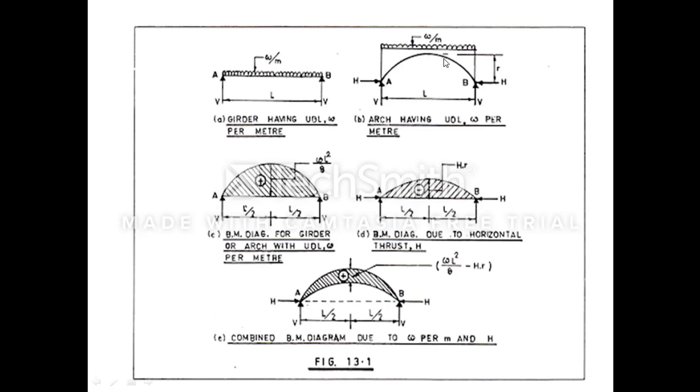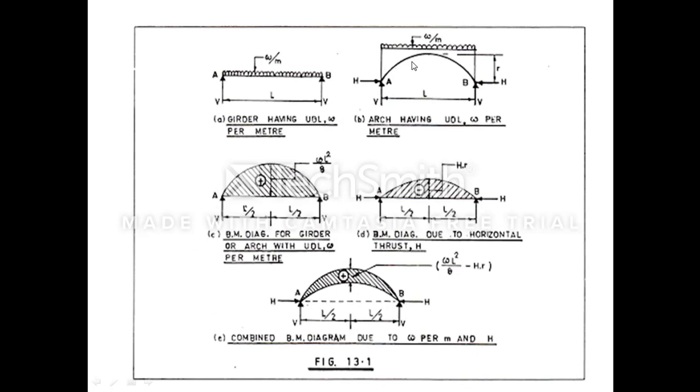For this, we need to bend the beam. But when you bend the beam, it will try to become horizontal. So for that reason, we put two horizontal thrusts which will be pushing the beam to maintain this arch. These two horizontal reactions will try to hog the beam. Because of load, the beam will try to sag, but this horizontal thrust will try to hog the beam.